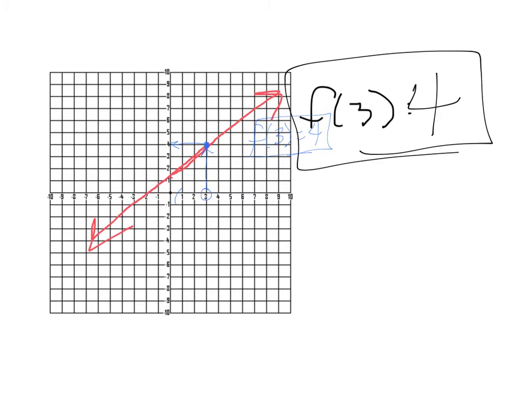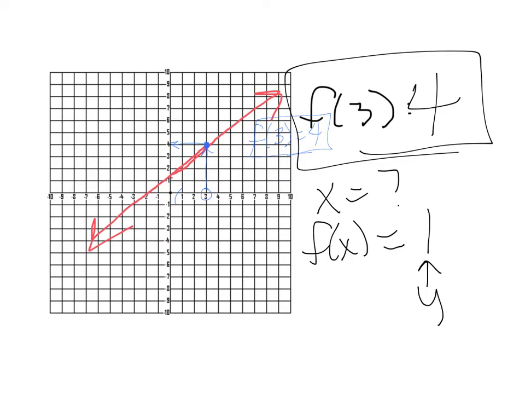What if I want to know x is what value when I have f of x equal to 1? F of x stands for what again? Y. Good. So if f of x is my y value, I want to figure out what is my x when my y here is equal to 1.